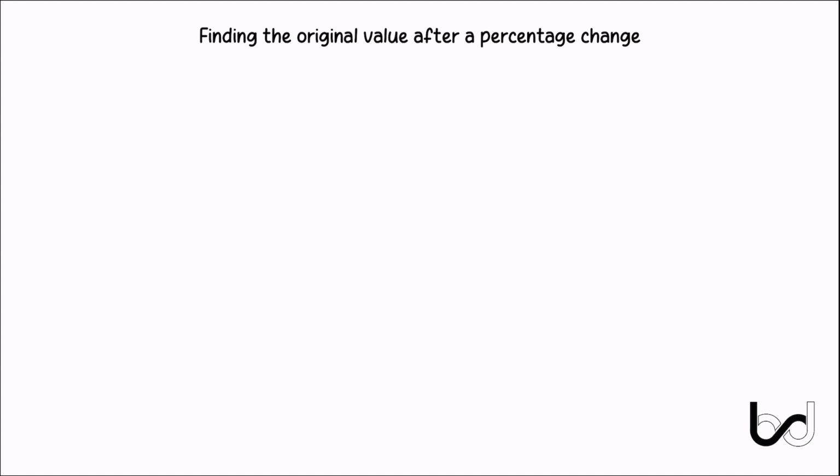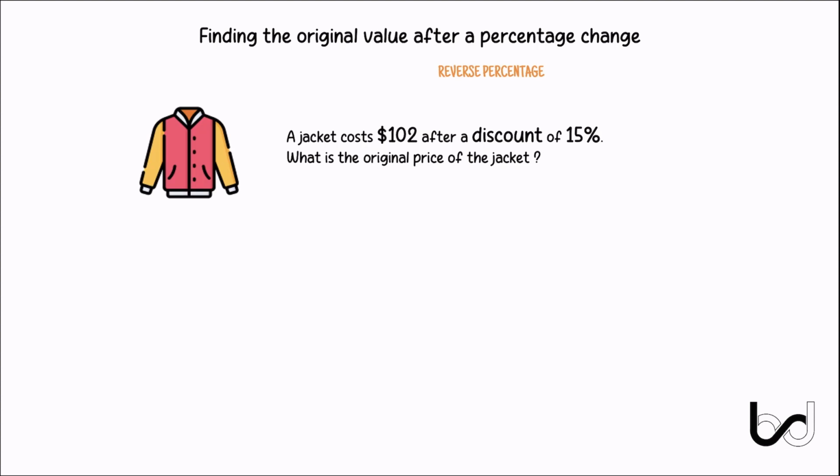Now let's look at a different example. In the previous example we looked at a value increase. Now let's look at how we figure it out if the value is decreased. If a jacket costs $102 after a discount of 15%, read the question carefully, what is the original price of the jacket?